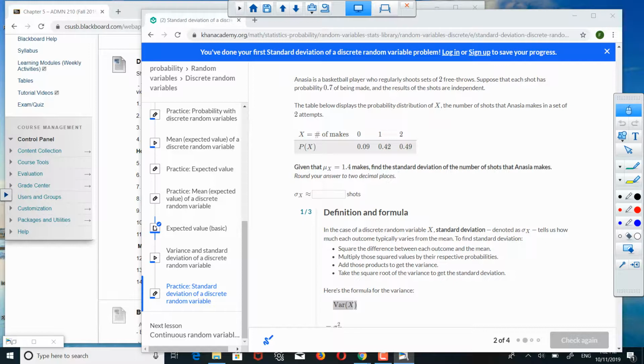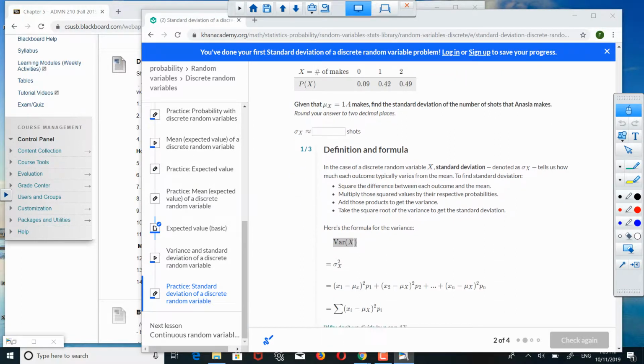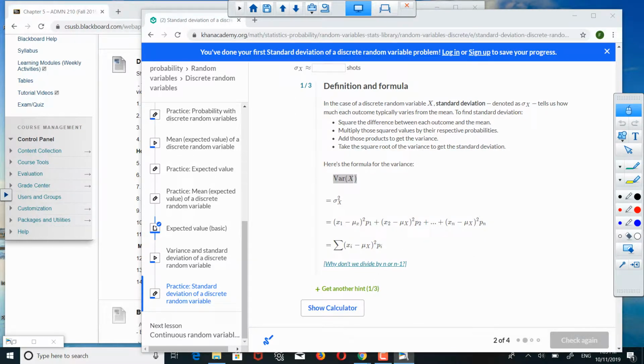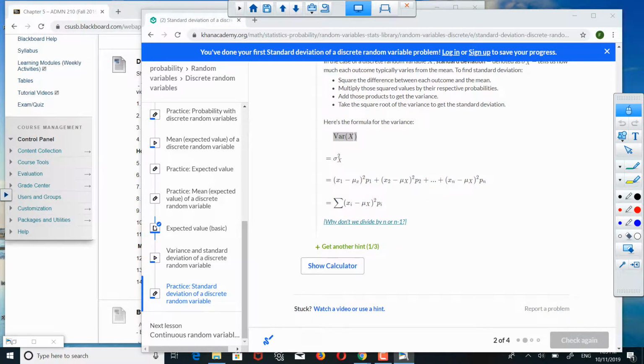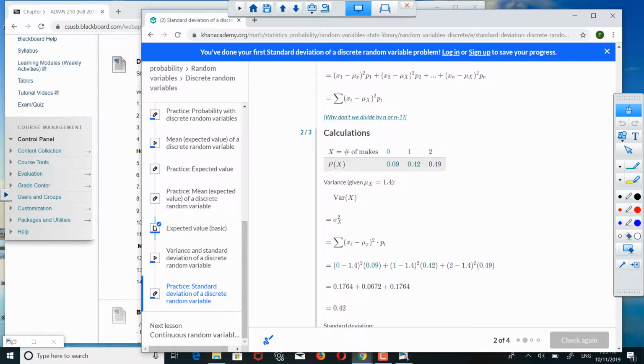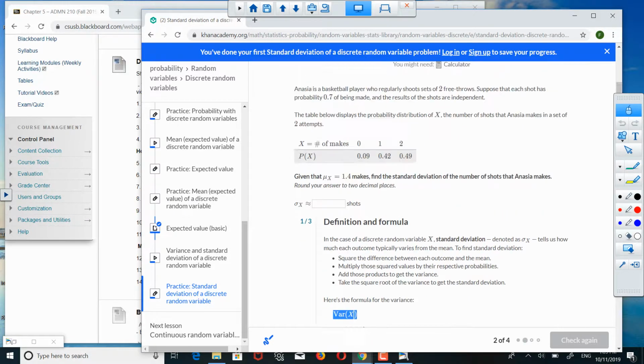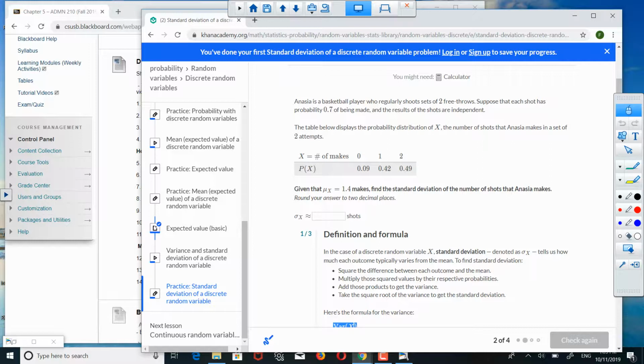And the probability of x is 0.09, 0.42, 0.49, right? And I think in this case, its mean is 1.4.